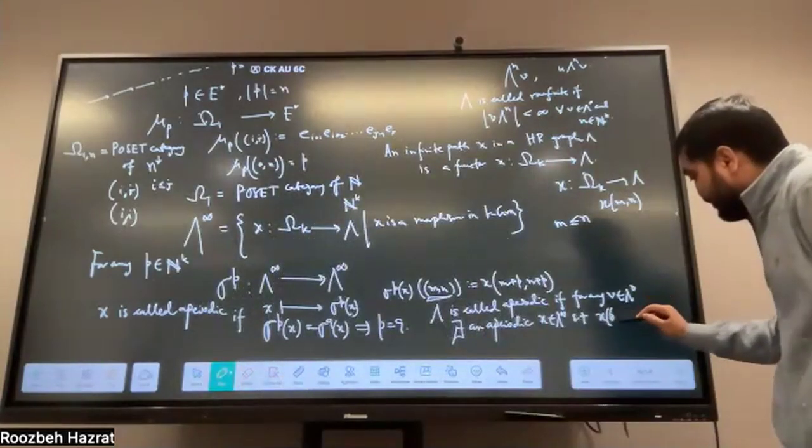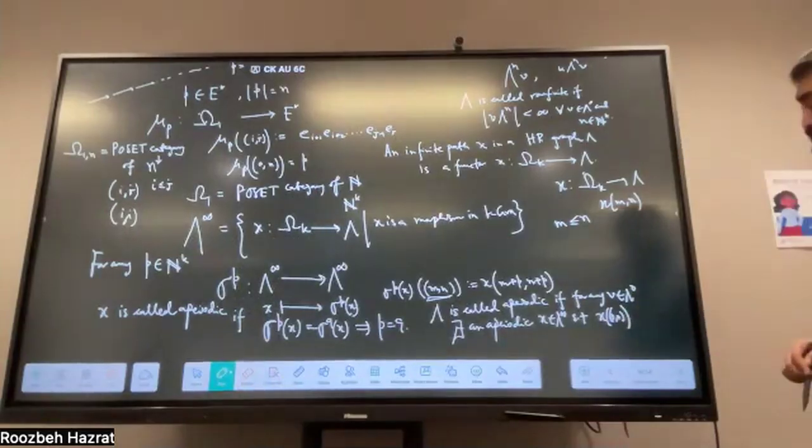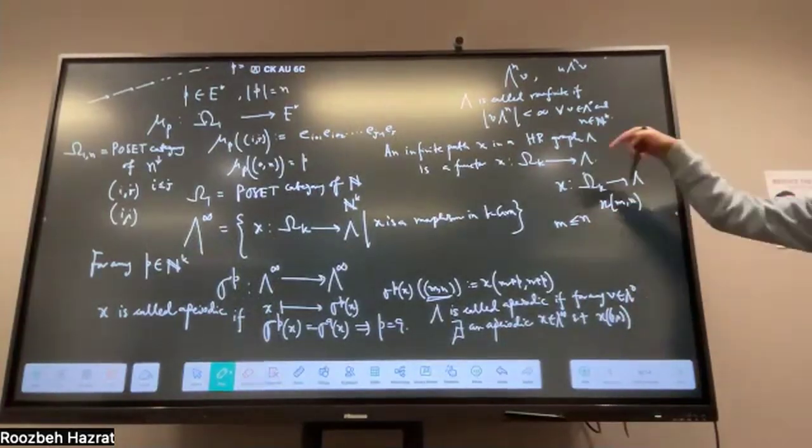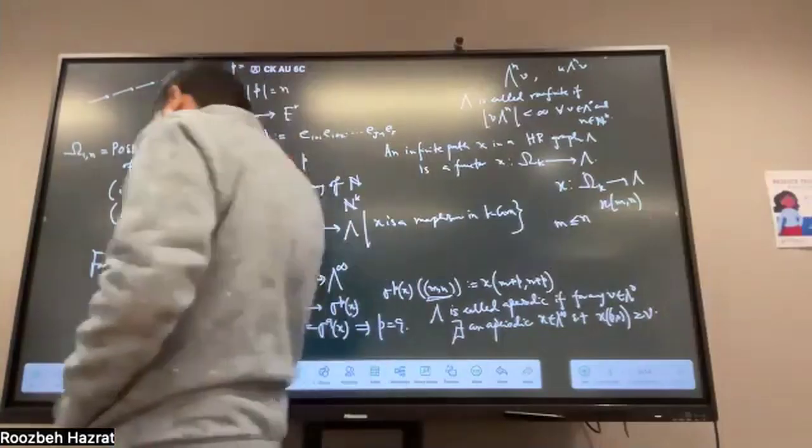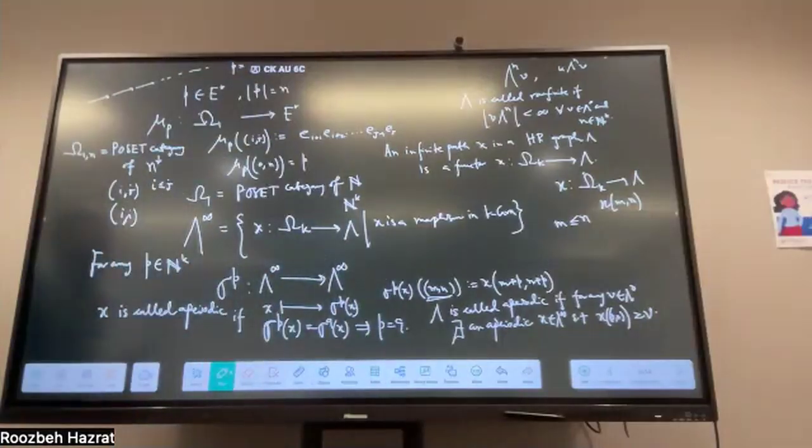To be precise, it is actually x(0,0), the bottom element of your poset. So this is the definition of aperiodic k-graphs.